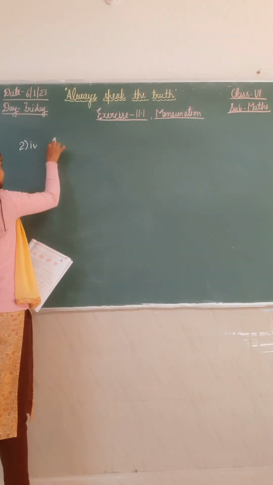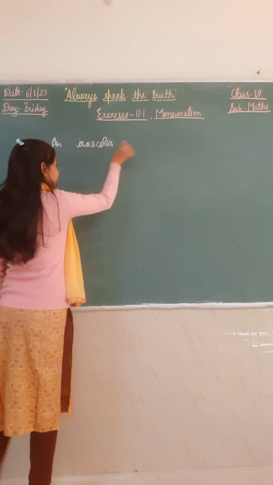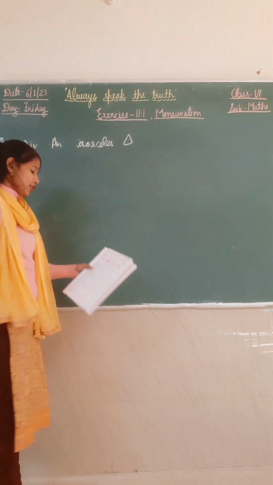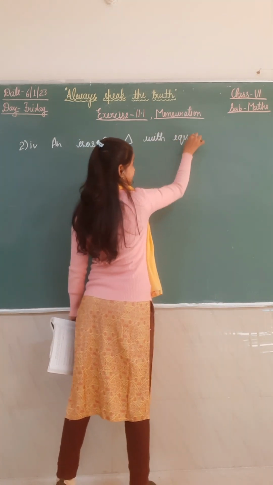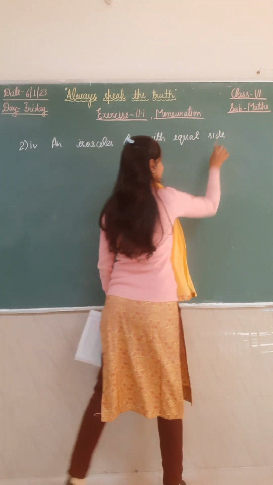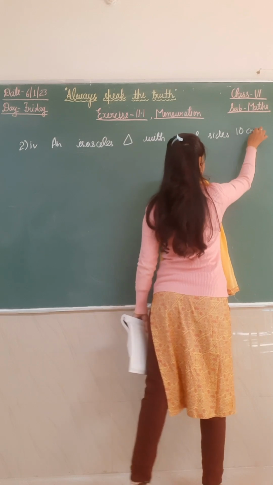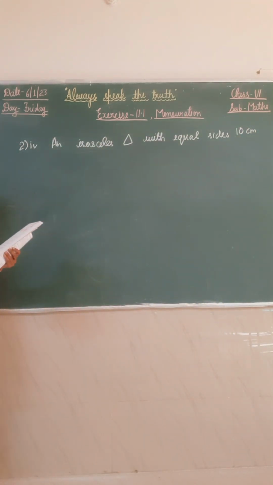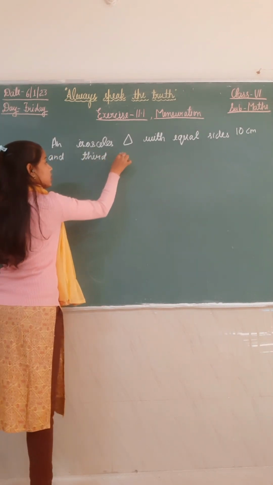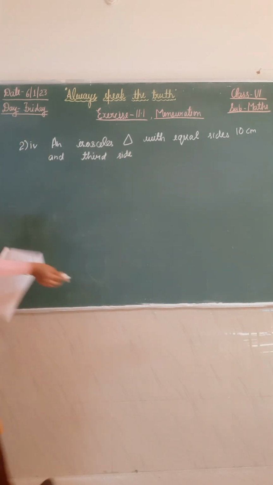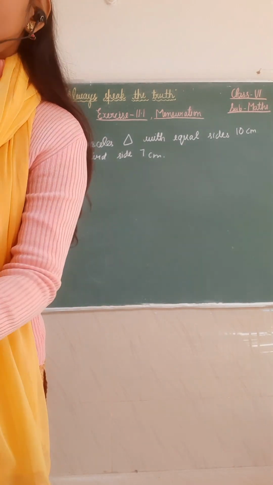So an isosceles triangle with equal sides 10 centimeter and third side 7 centimeter. So we have to find its perimeter.